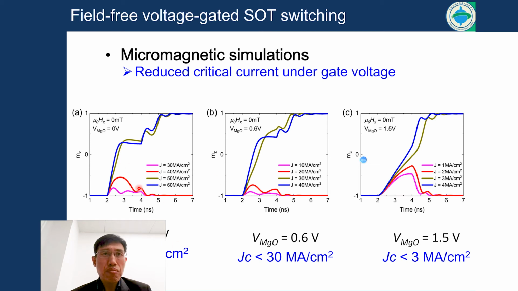So this is the voltage 0. You can see that we need around 60 milliampere to switch the devices. So if we apply 1.5 volt, the critical current density can be lowered 10 times lower than this configuration. So the efficiency of using VCMA is very, very important.